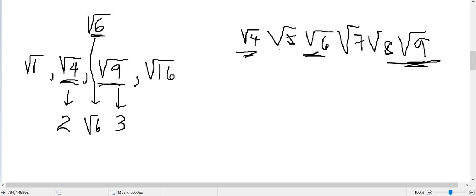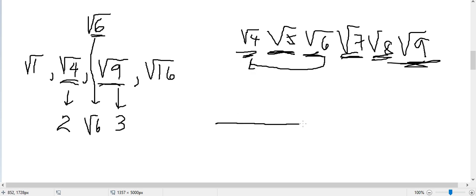And there is only one number here from 4 to 6, and we have here 2 spaces from square root of 6 to 9. So therefore, square root of 6 is nearer to square root of 4.